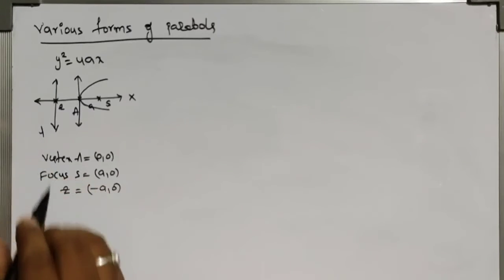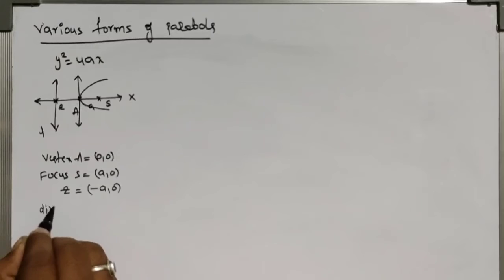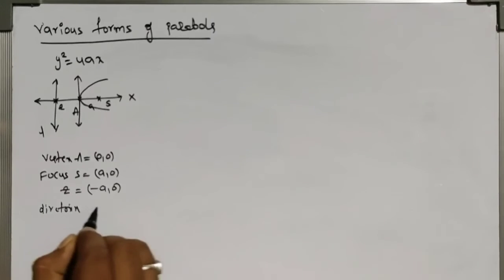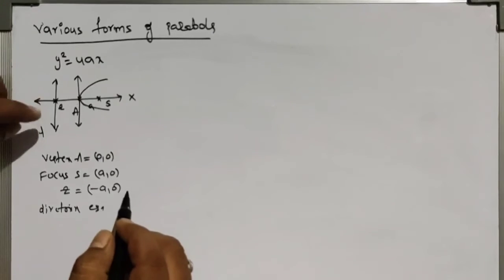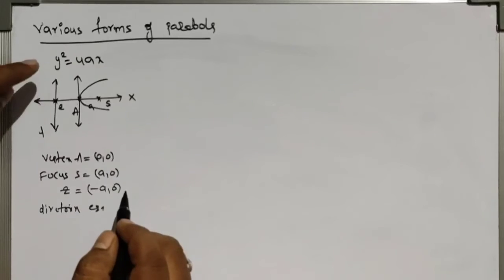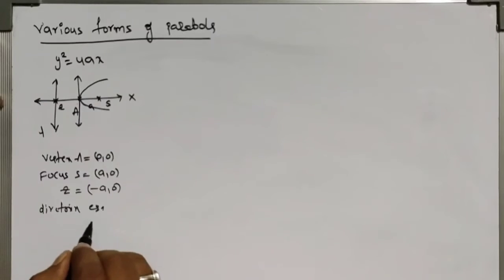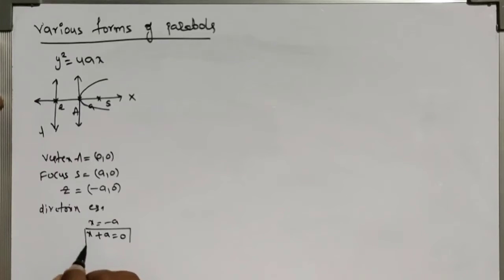Now the equation of the directrix: on this line the value of x is fixed, so x is equal to minus a, that is, x plus a is equal to 0. And the axis of the parabola is the x-axis, whose equation is y is equal to 0.